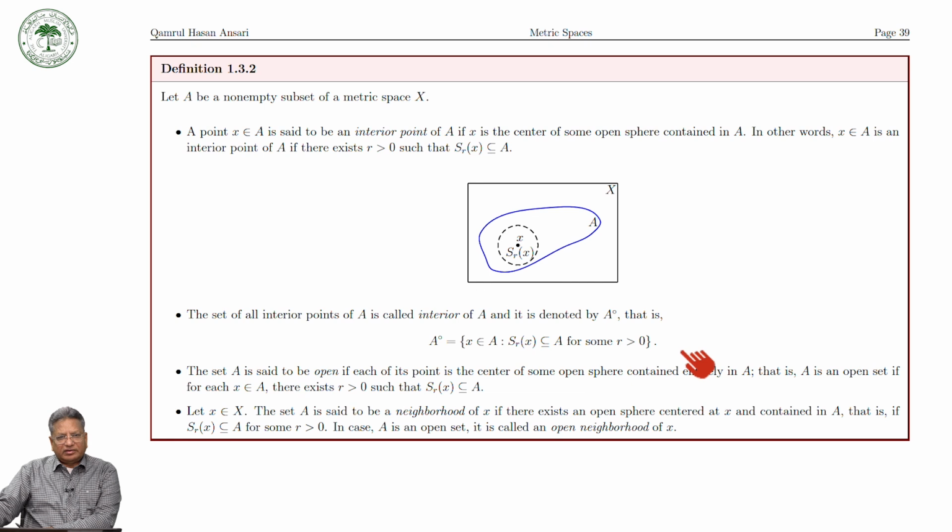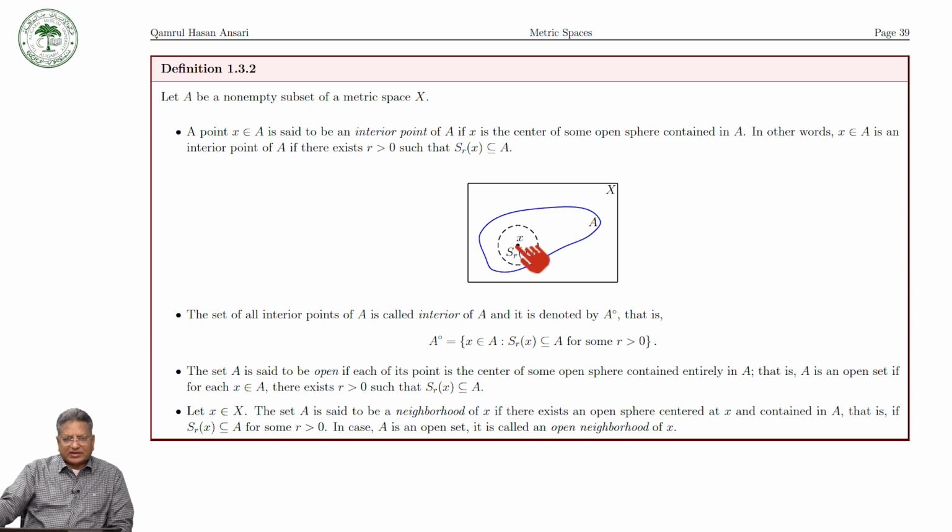And then we defined the interior point, open set, interior of a set. Suppose we are considering a metric space, this is your set A, and here you have a point x.